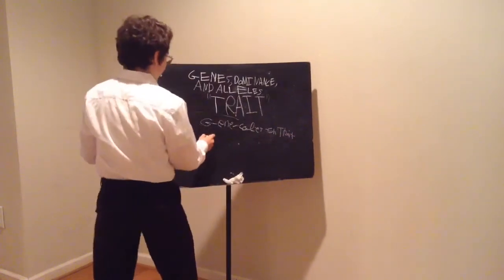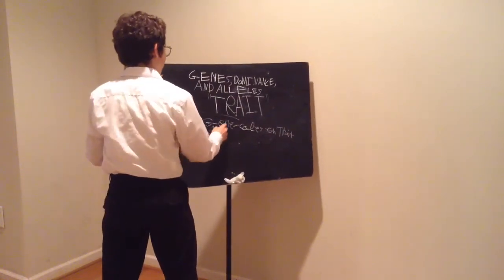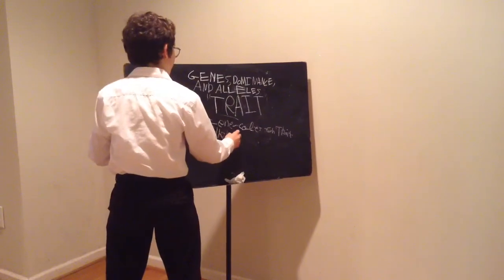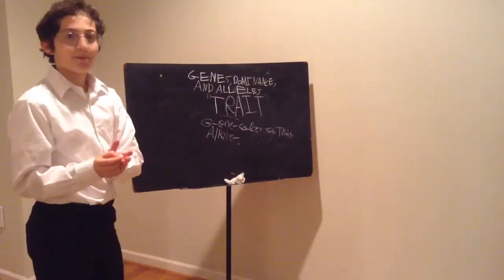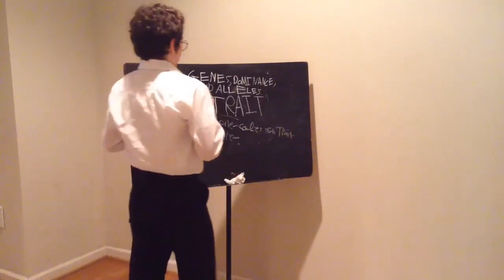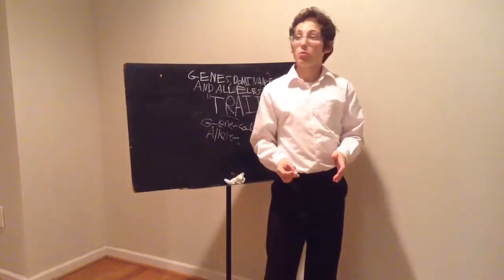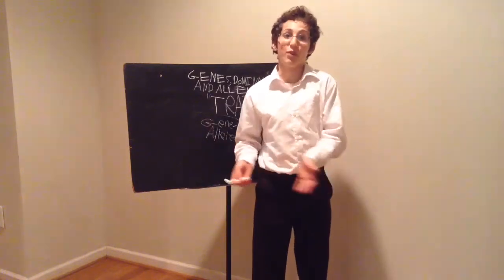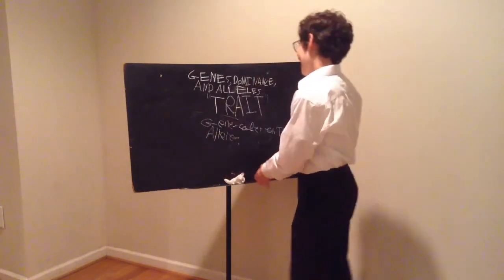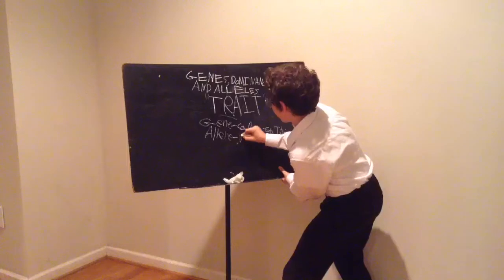But an allele is a variant of a gene. You see, we all have a gene for hair color, but some of us may have an allele for blue hair color, some of us green, some of us brown. So an allele is a variant of a gene.